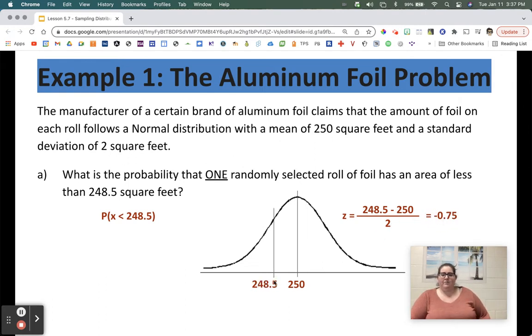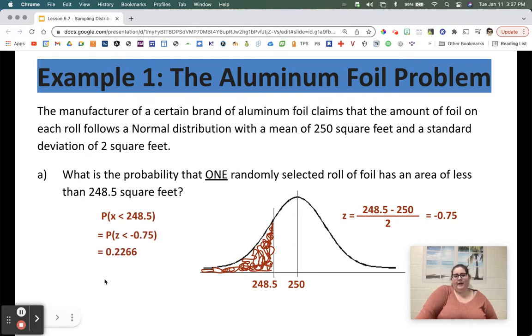So about right here, not quite a full standard deviation below the mean. And then we want less than that, so I'm shading to the left. And then I would go to my z-table and look up that z-score. My z-table gives me the less than area, so I could just keep it like that. And I would get an area or probability of 0.2266. So that's just regular normal model z-score stuff that we've done in the past because we're just talking about one.